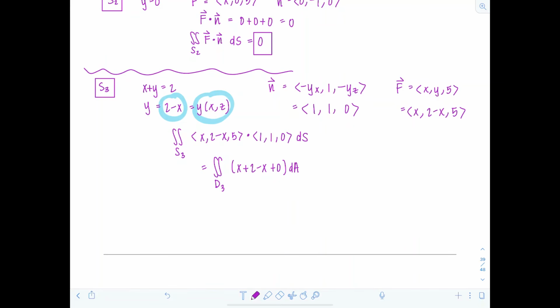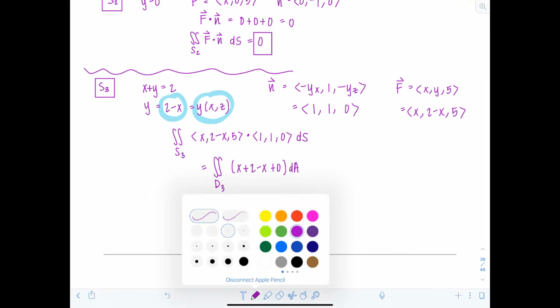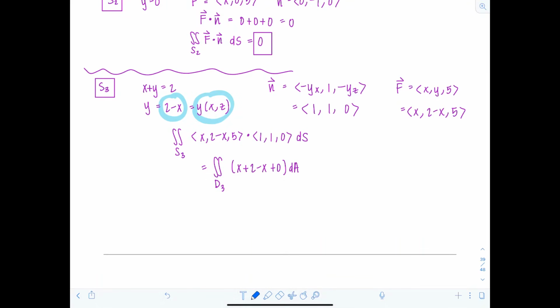And then notice here, you know what, I should have a root 2 here, because that root 2 is included in the dS and cancels out. Okay, then notice here the x's cancel out. So all I am left with is the double integral for the region D of 2 dA.